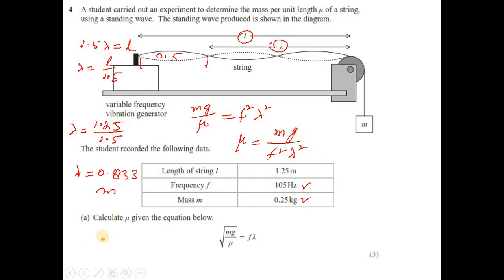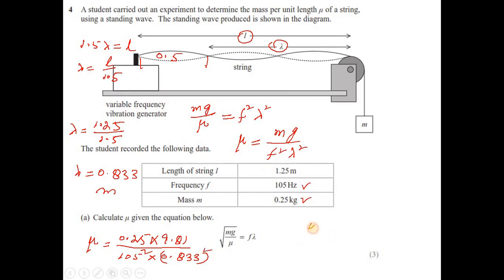So mu would be equal to m is 0.25 times 9.81 divided by f squared, 105 whole squared, times 0.833 whole squared.